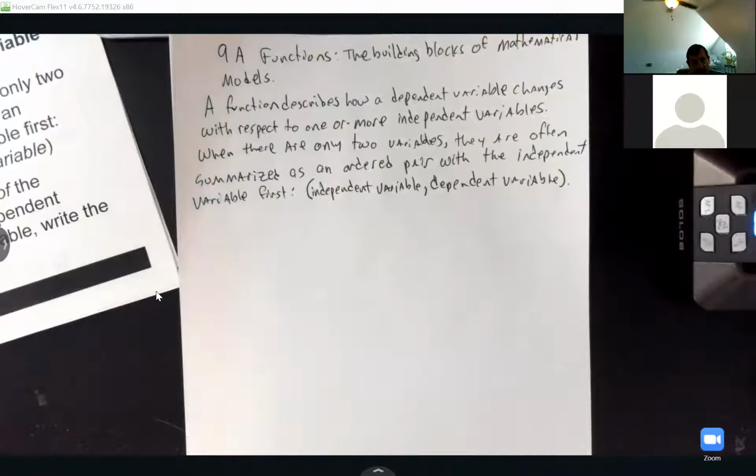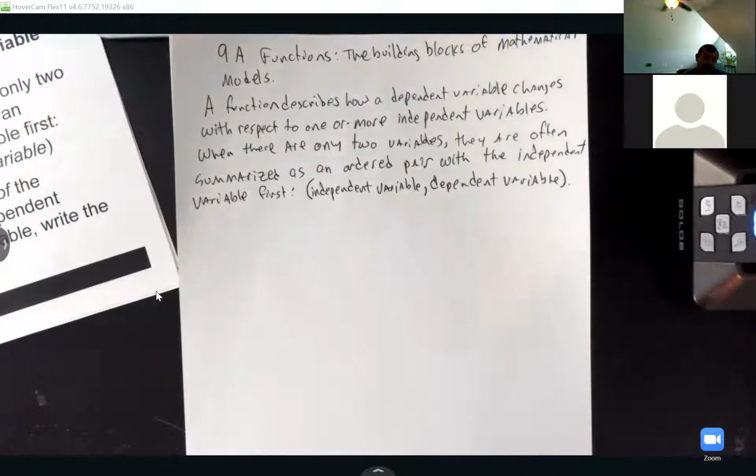So if I was going to use say a paycheck as a variable, my time for the hours that I worked, that would be my independent variable, because you can change the hours you work a week. You might work 30 hours one week, you might work 40 hours a week, and then you might even have overtime and work over 40 hours.